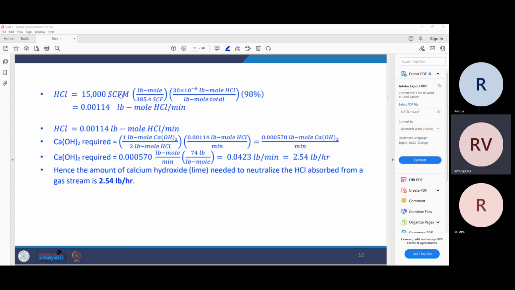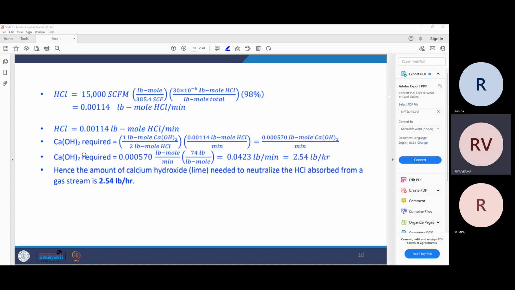So 15,000 SCFM, we need to divide by 385.4 multiplied by the concentration, that was 30 into 10 raised to power minus 6, multiplied by the removal efficiency 98%.